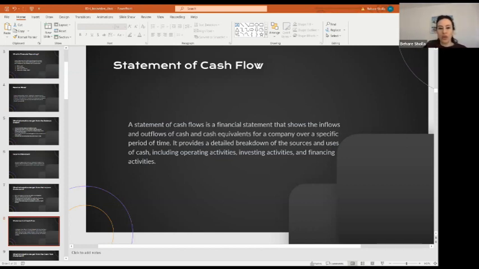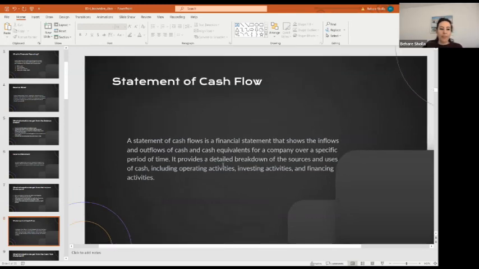Also, the cash flow statement is prepared for a specific period of time, usually 1 year or 6 months, 3 months, and so on. It includes three main parts, which are operating activities, investing activities, and financing activities. These are the main parts of the cash flow statement.